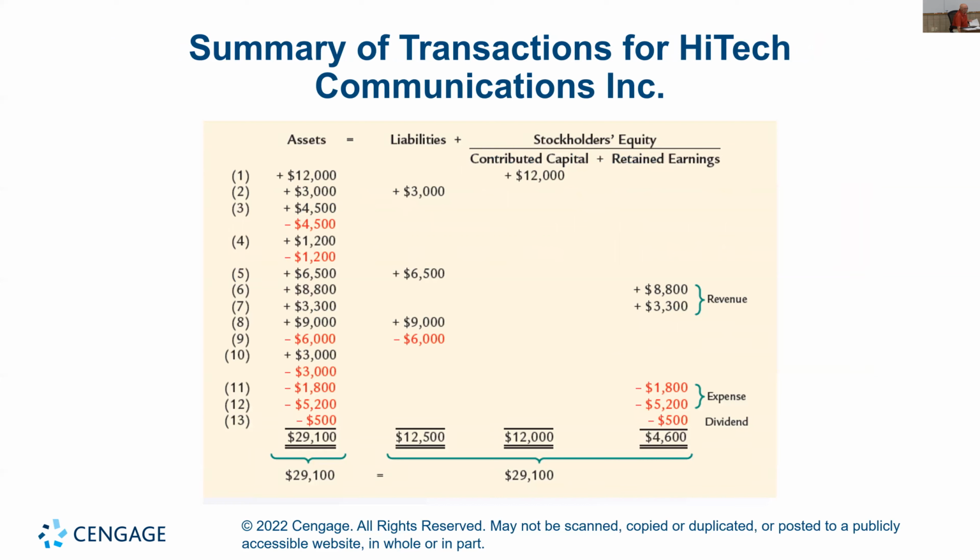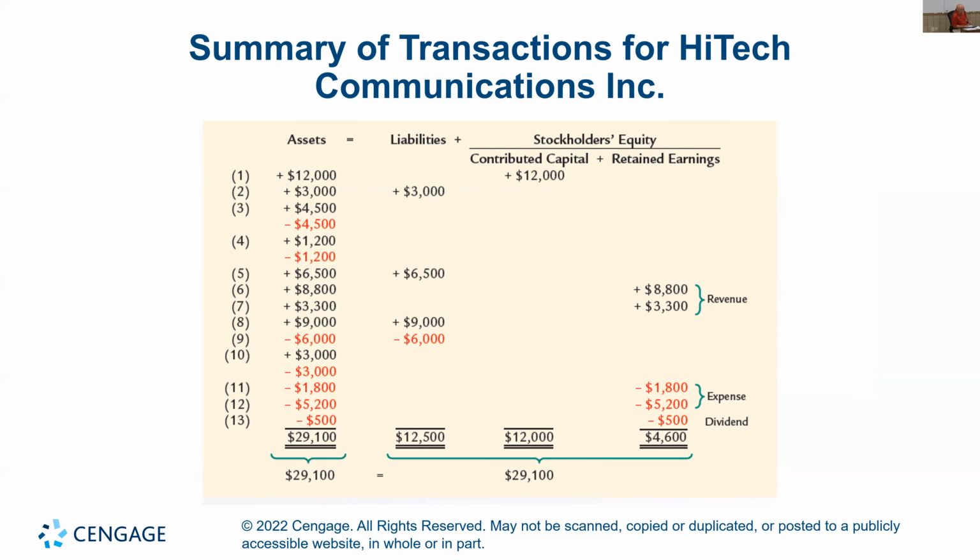So if you look at 1 through 13, and say we started with $0, okay? We went through and we took what we did in each transaction and we added them up. You would see that we finished to 29,100 in assets. Our liabilities that were created were 12,500.